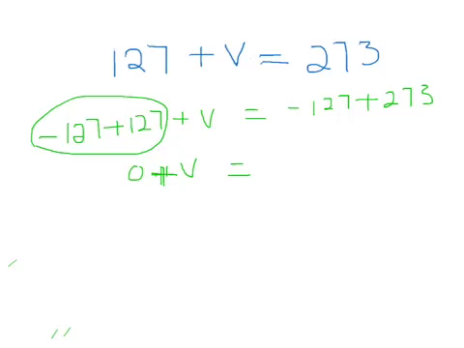And over here, negative 127 and 273 simplifies to 146. Okay? So our answer to this would be v should be the same as 146.